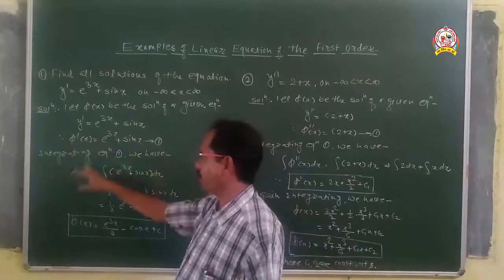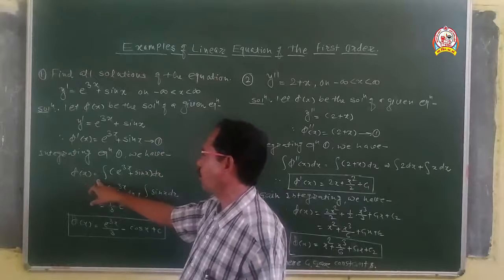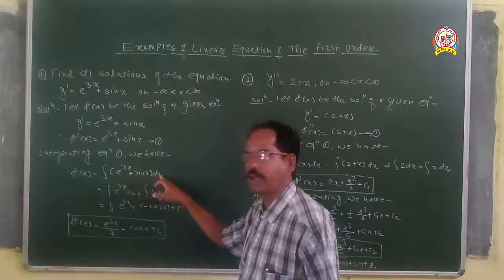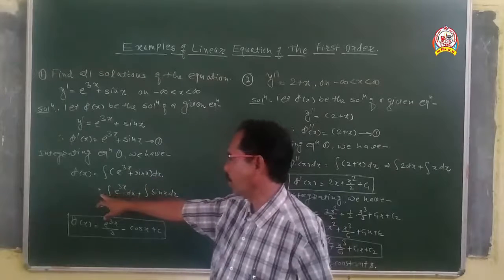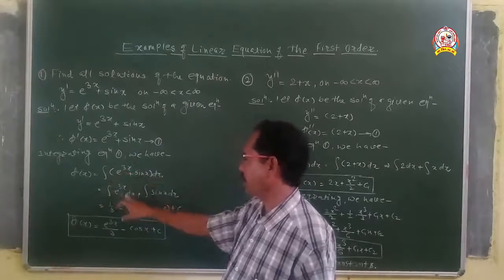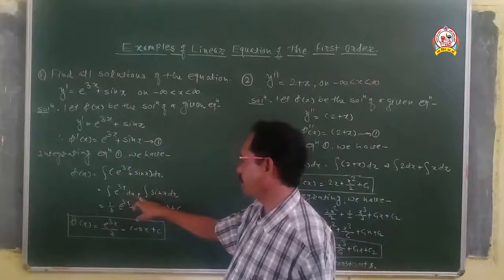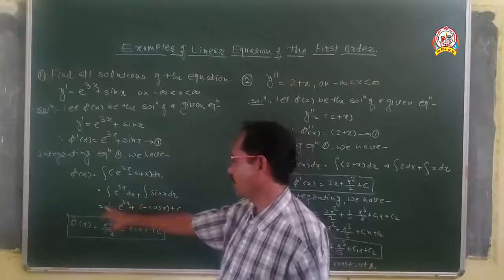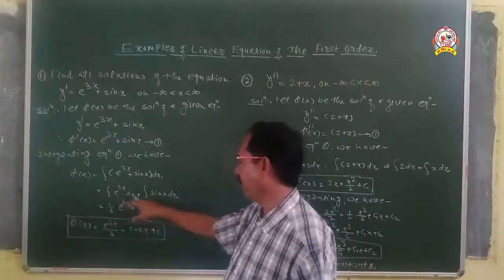integration of phi'(x) is phi(x), which is equal to the integration of e^(3x) + sin x dx, which is the integration of e^(3x) dx plus, as it is, the integration of sin x dx. Now we integrate this.